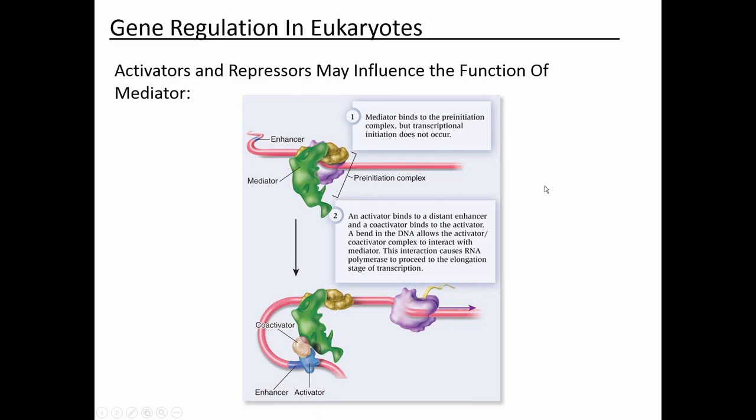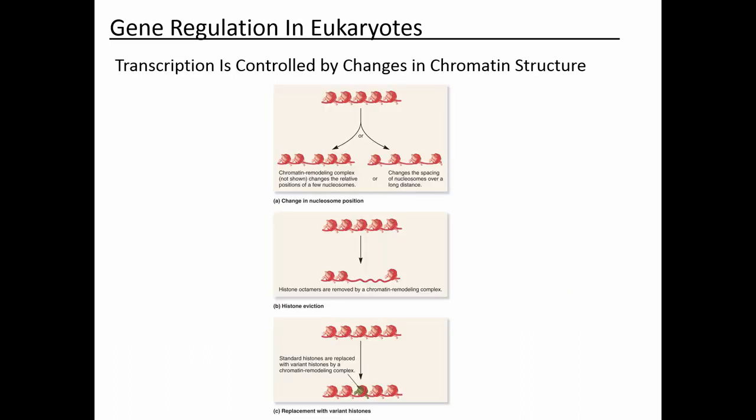Also, there is this protein called mediator that's involved in transcription in eukaryotic cells. We're not going to get into what mediator does, but activators and repressors may also influence the function of this mediator, which you need present and active in order for gene expression to occur. And then you can also get transcription being controlled by changes in chromatin structure.